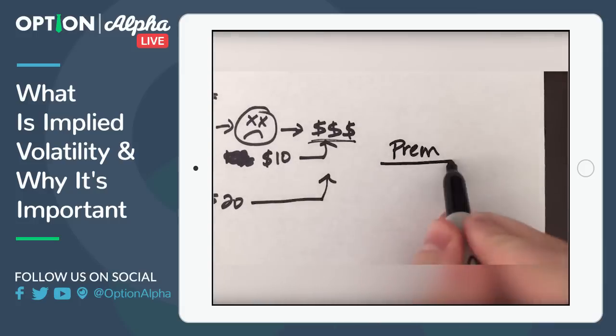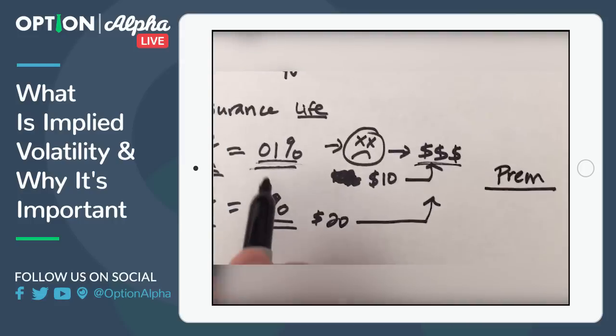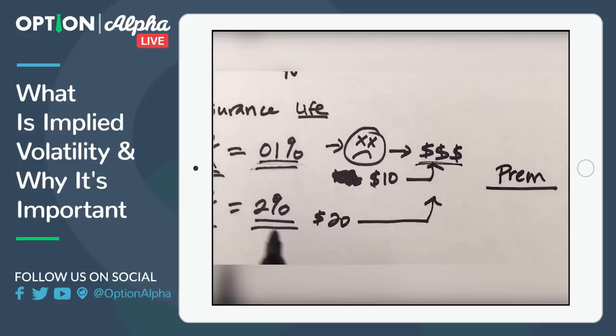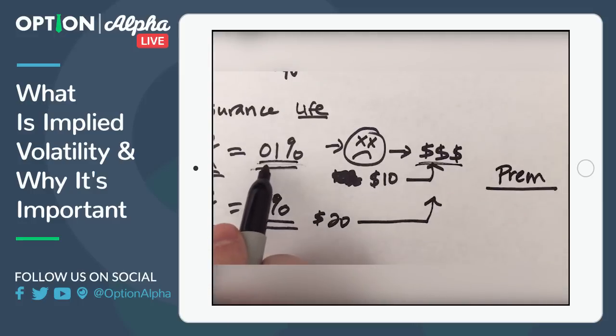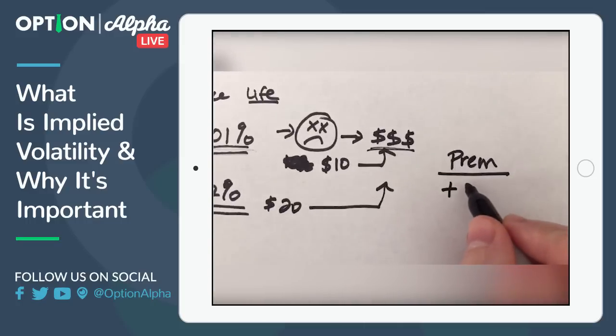So instead of assuming that you really die 1% of the time, in my case, let's say that I die 1% of the time in real life, on real actuary tables, someone in my position dies 1% of the time before they hit 90 or whatever the case is. Instead of charging me like I'm going to die 1%, they assume some margin or markup, and they say, okay, we're going to charge Kirk like he actually dies 2% of the time more than he does on average.